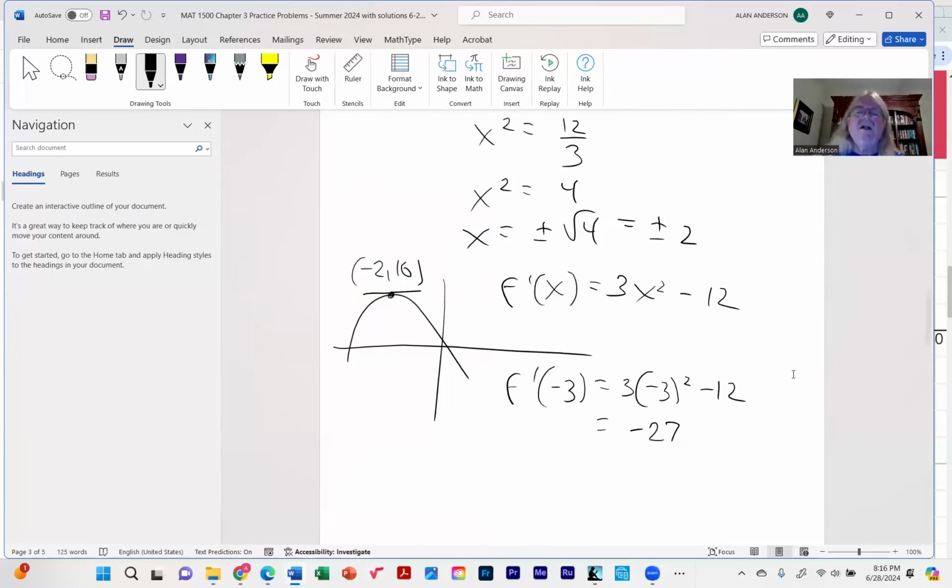Sorry. Fix that. It's 3 times +9 minus 12. 15, which is positive. Now you can see that from this graph. The slope is positive. The tangent line has a positive slope just to the left of -2.